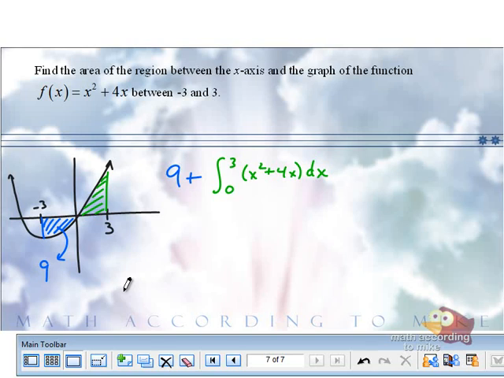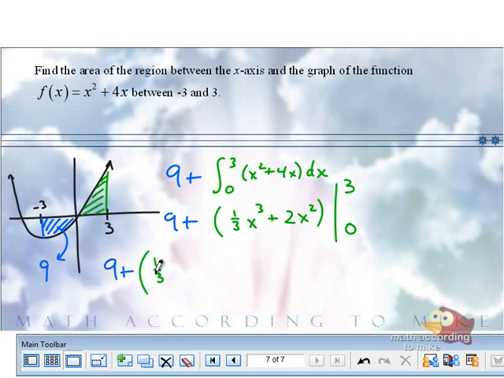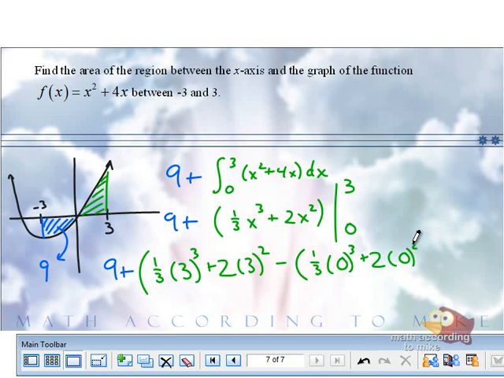This should go a lot faster because we already did the antiderivative. It is 1/3 x cubed plus 2x squared. And now stick in your 3. And then stick in your 0.